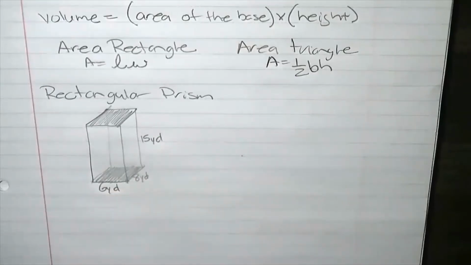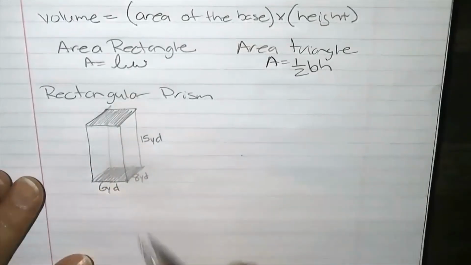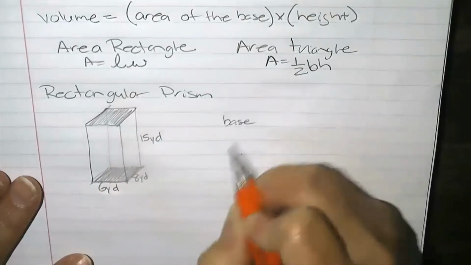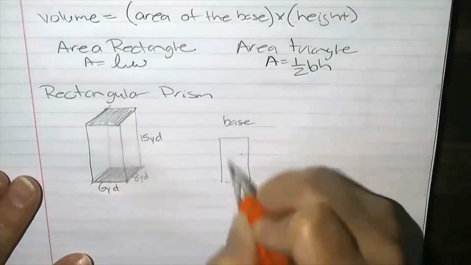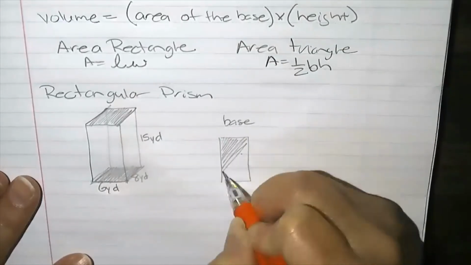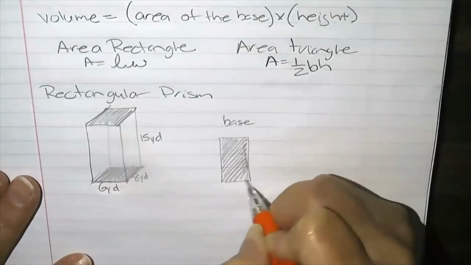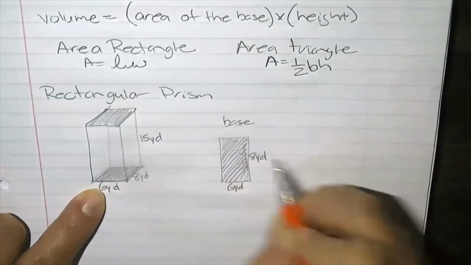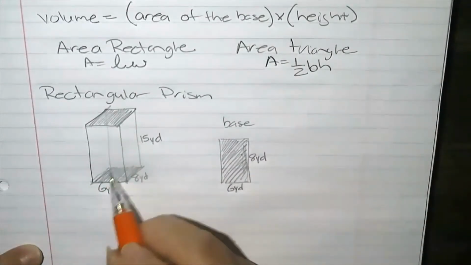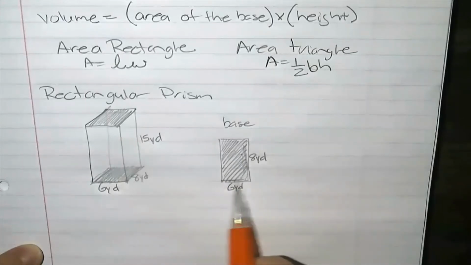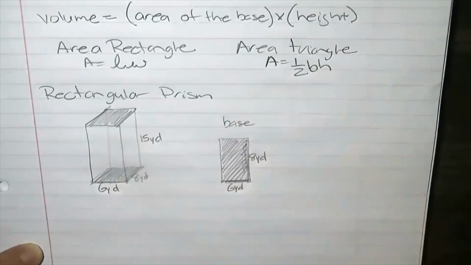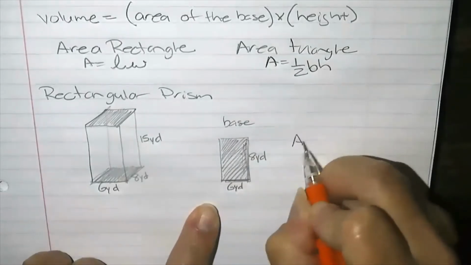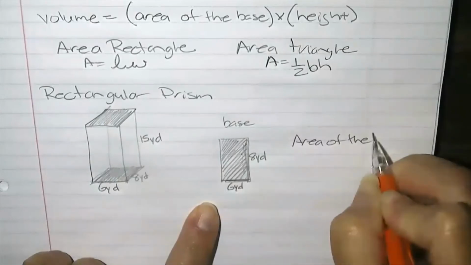So when I look at this, I can see that my base is a rectangle. And my measurements are 6 yards by 8 yards. So this is my base. So the first thing I need to do is find the area of the base.